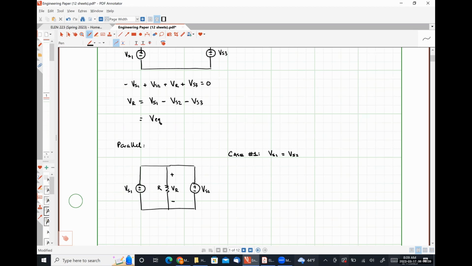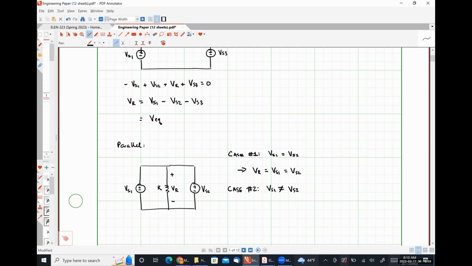The same thing, absolutely right. VR would be equal to VS1, which we know is equal to VS2, right? Case number two is when VS1 is not equal to VS2.